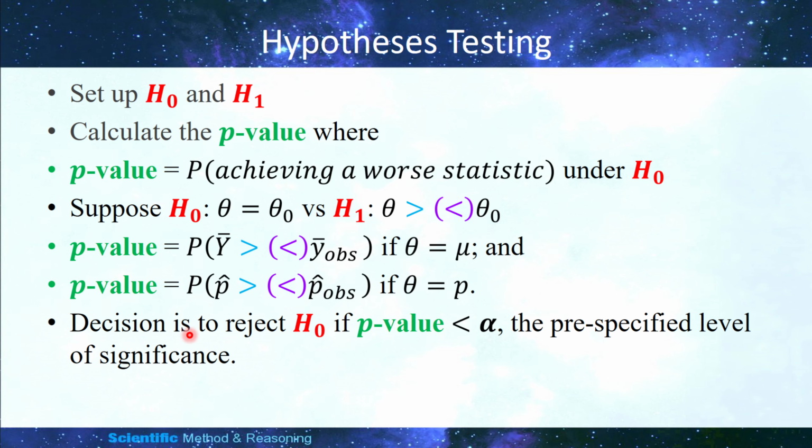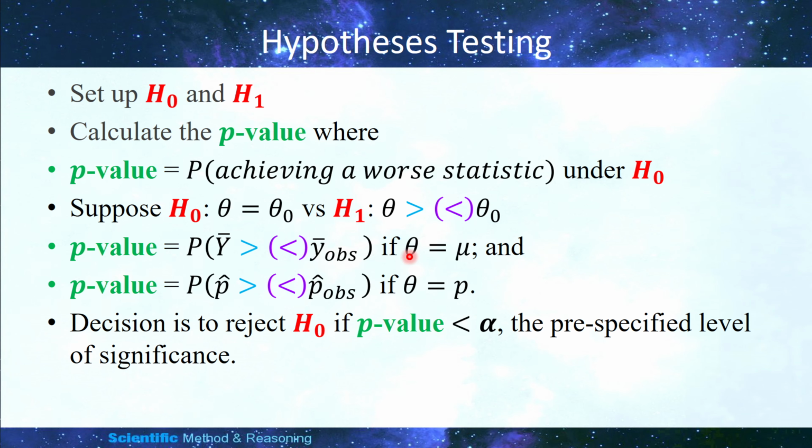For the p-value for testing the population mean, the sample statistic would be the sample mean. If testing for the one-sided alternative theta greater than theta naught, we look at the blue direction. The p-value would be the probability of y bar greater than that observed.